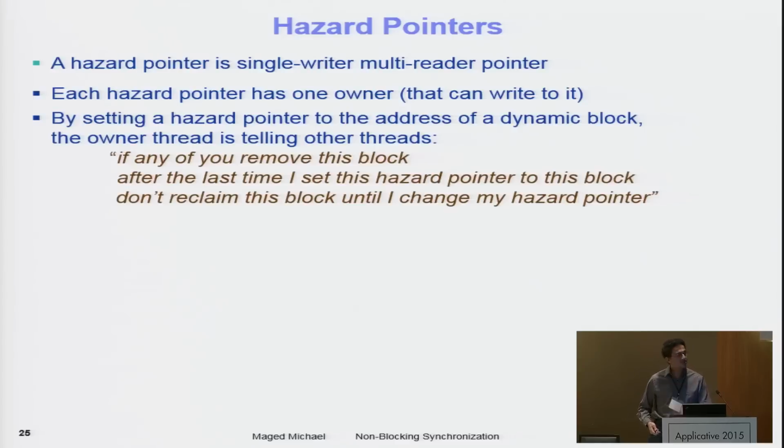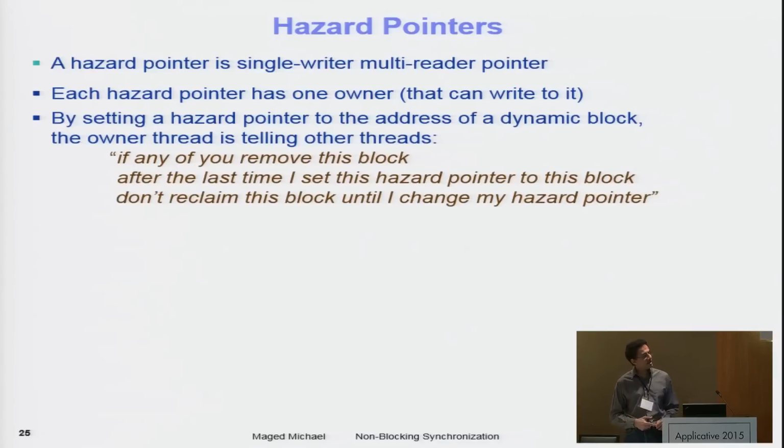Okay, another solution is hazard pointers. Basically, each hazard pointer is a single-writer, multi-reader pointer. So each one has an owner, and the owner thread is the one that can write to it.